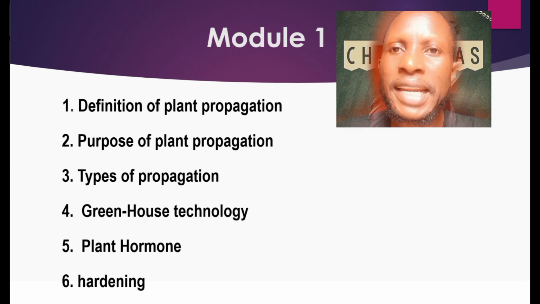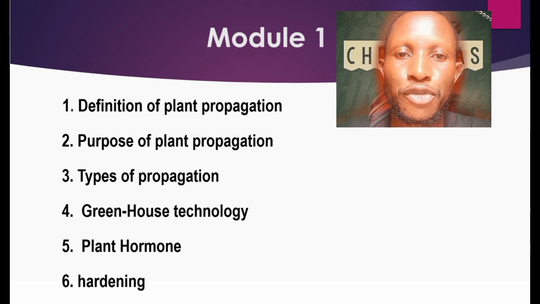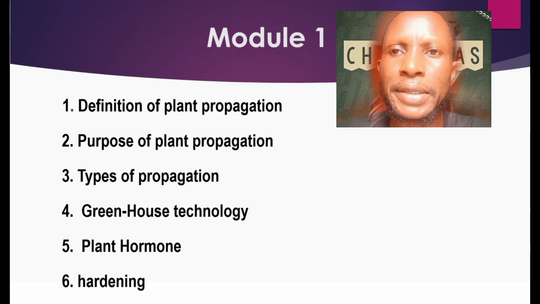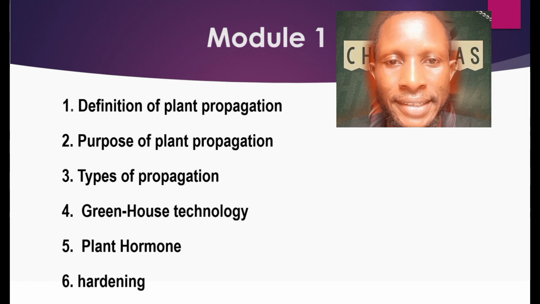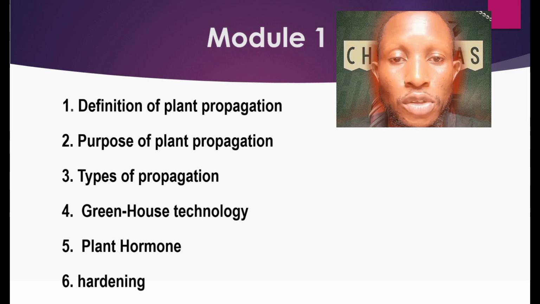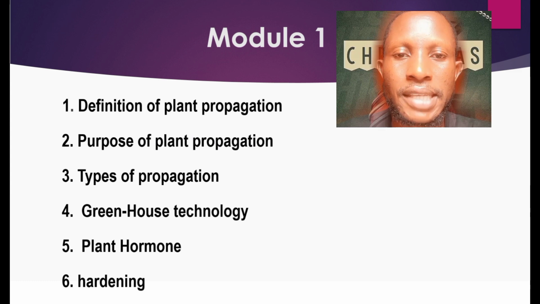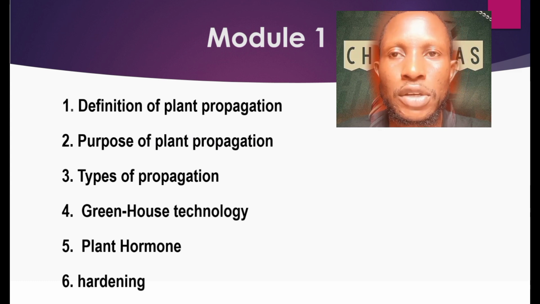Then we have greenhouse technology, why you need a greenhouse and the technology that involves it. It's all about greenhouse. We learn about it today. And we also have plant hormone, and the last one, number 6, is hardening. You're going to look at hardening also, so that by the end of this course you're going to learn all these things I just mentioned. Then we'll move on to the first slide of the course.